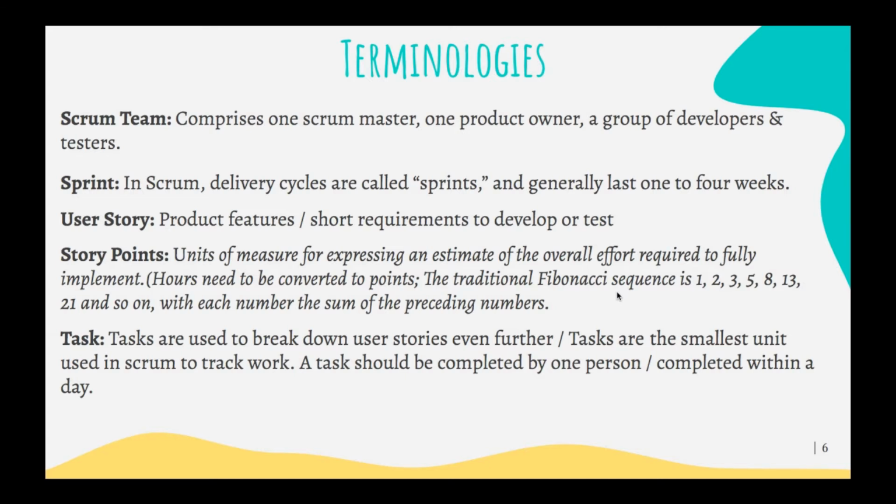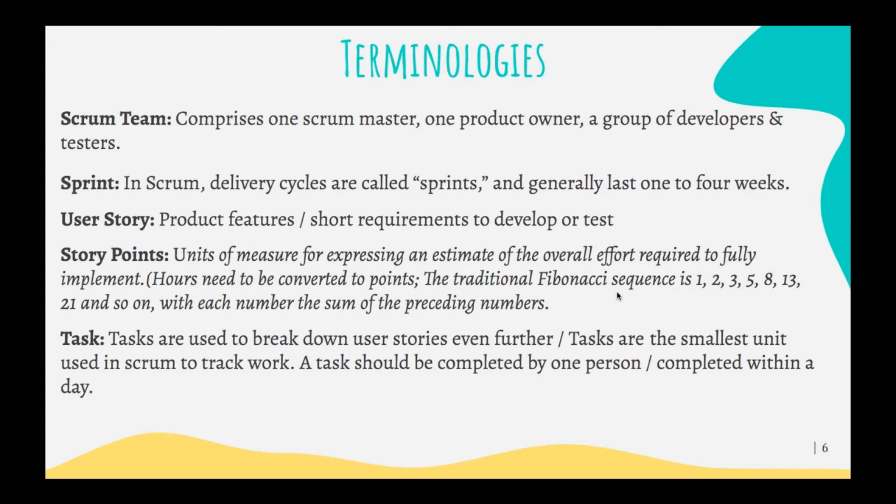Sprint. A sprint is the time frame that usually runs from 1 to 4 weeks. It's called a sprint for the deliverables. User story. These are the short requirements or product features to develop or test. That is called a user story.